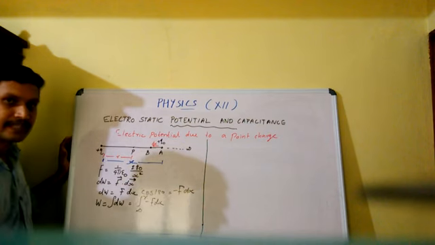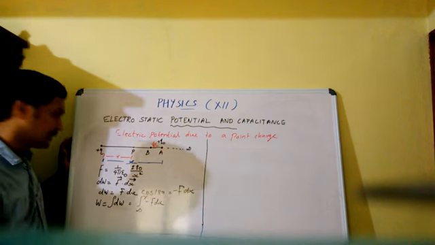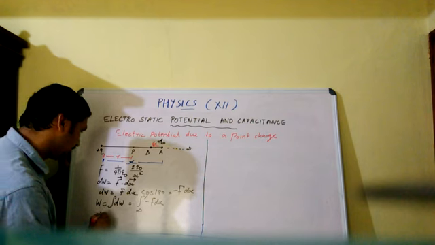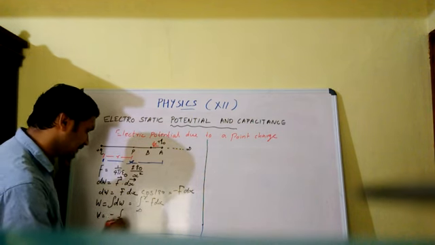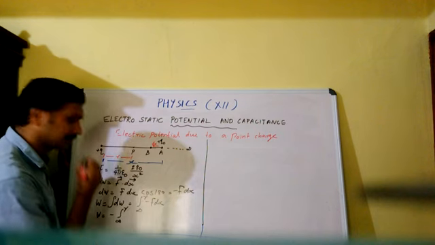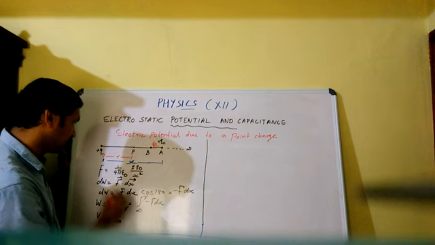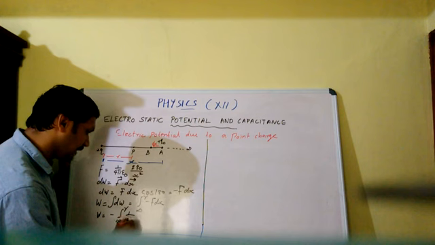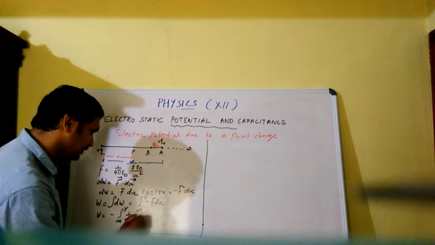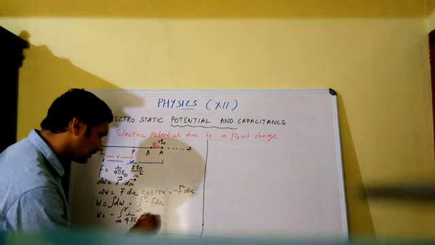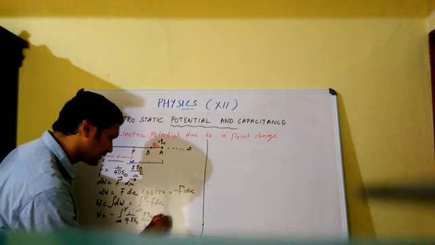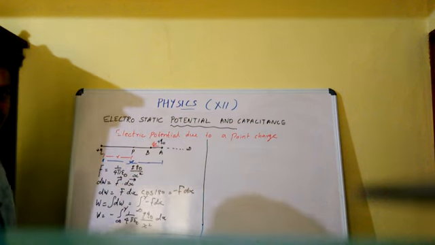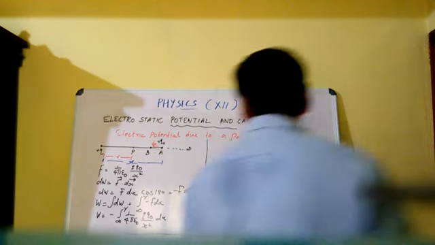Taking the minus sign outside, and substituting the value of F equal to 1 by 4 pi epsilon 0 Q Q0 by x square, into dx.